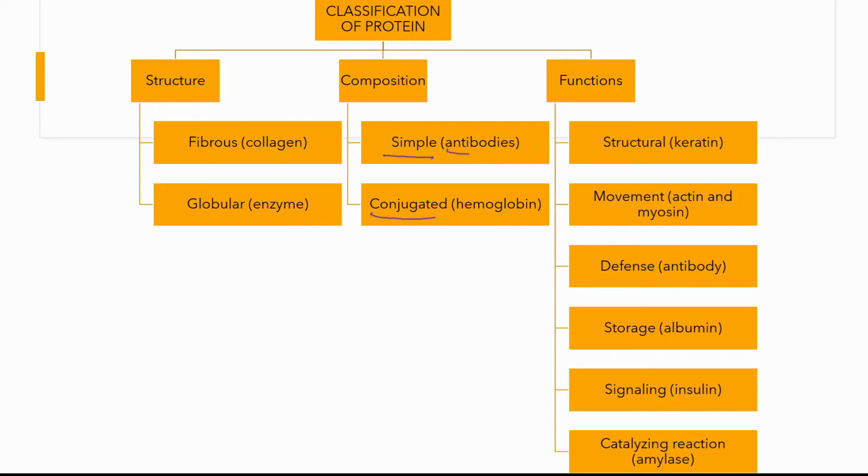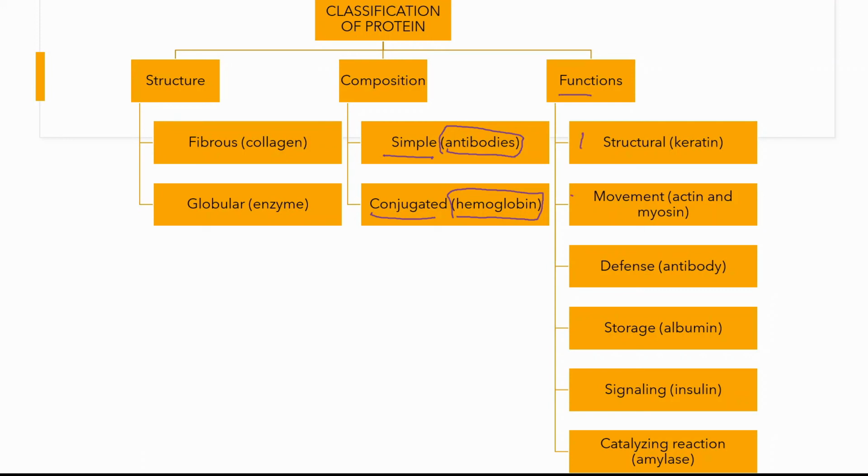Example of simple protein is antibodies, and example of conjugated protein is hemoglobin. As we can see before, hemoglobin contains heme group, and inside the heme group it contains iron, which is a non-protein material. Finally, we can classify protein based on its function.